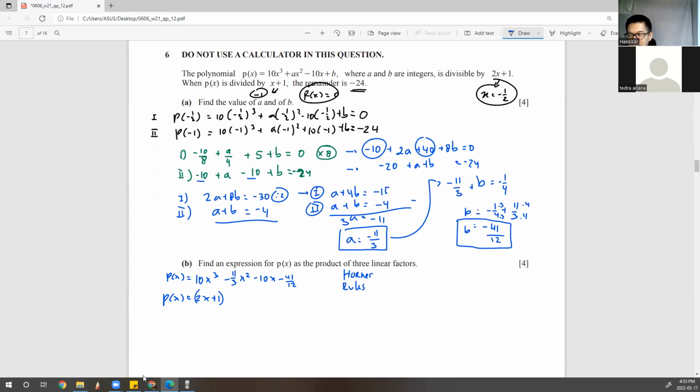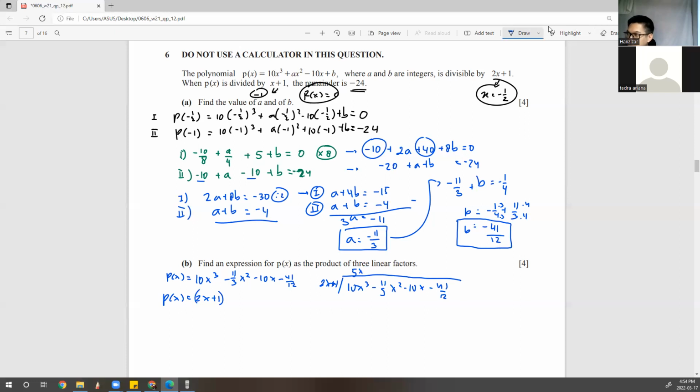I'm not sure if I know what it is. Okay, so we just try to divide manually. So 10x cubed minus 11 over 3x squared minus 10x minus 41 over 12, you divide by 2x plus 1, right? So this is 5x cubed, 5x squared, I'm sorry.